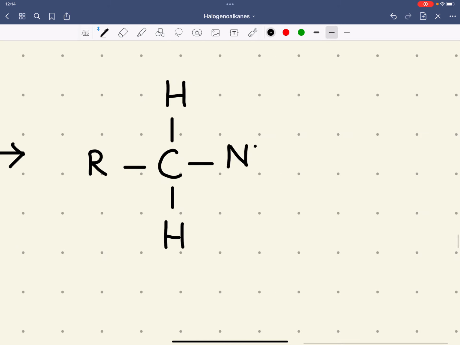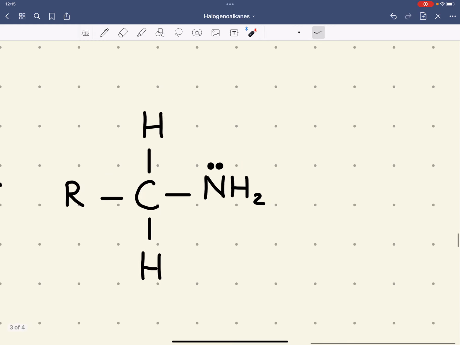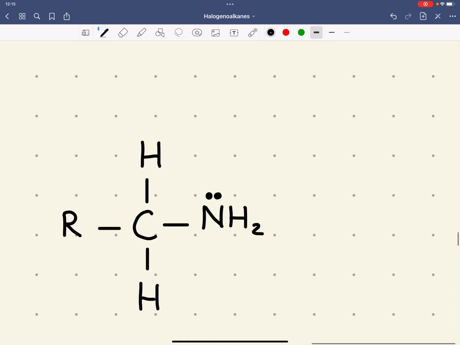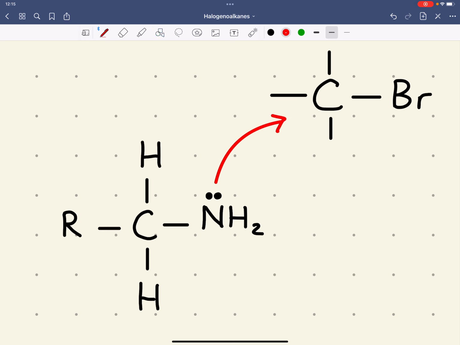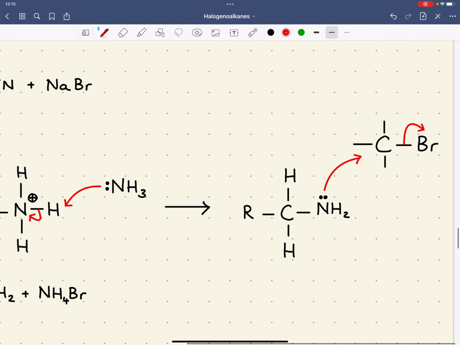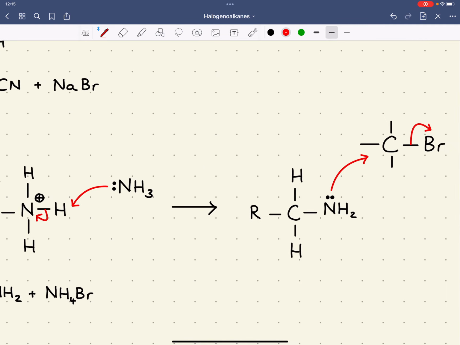And the reason the ammonia needs to be in excess is because if the haloalkane is in excess, then the amine has got a lone pair. And if we've got an excess of the haloalkane, then the amine can also act as a nucleophile and attack the electropositive carbon, the carbon with the plus charge, and that will lead to further substitutions.